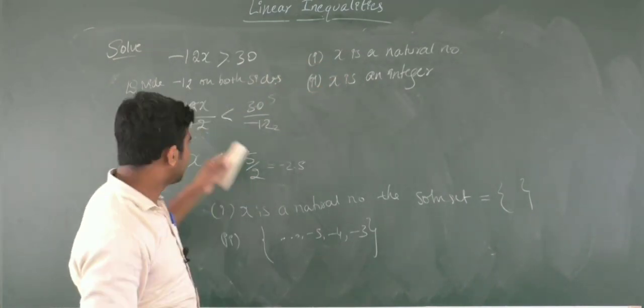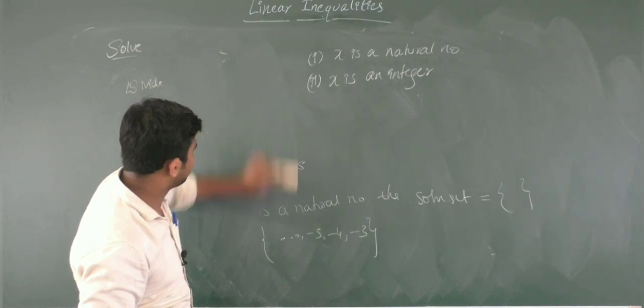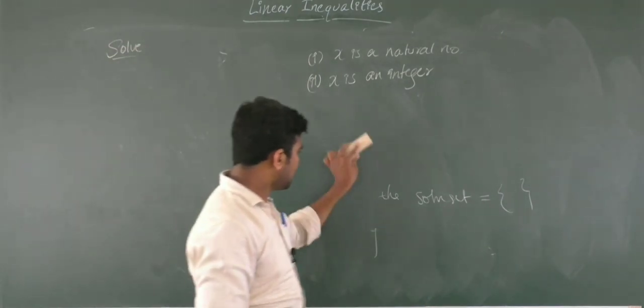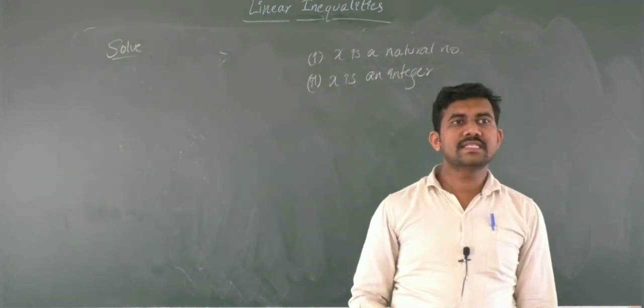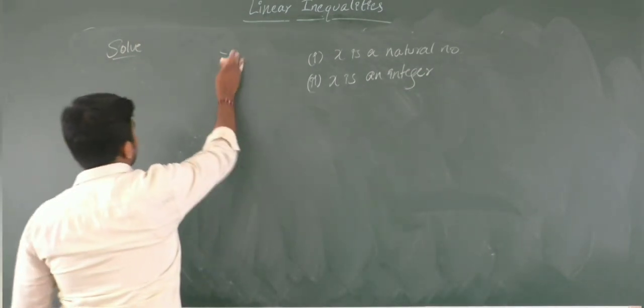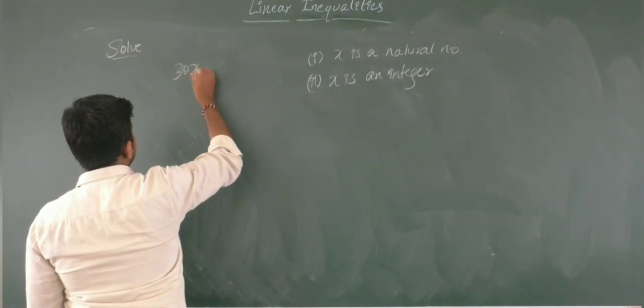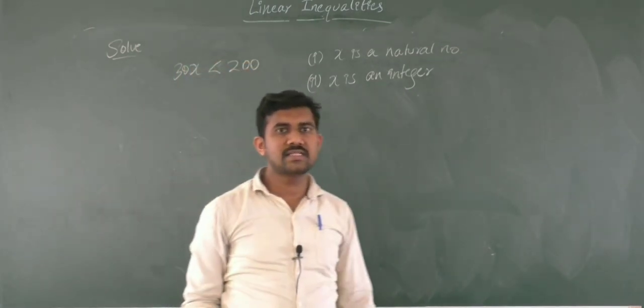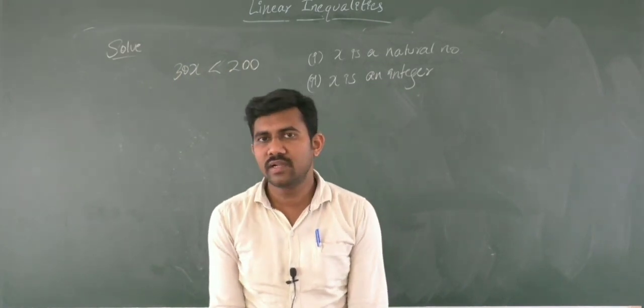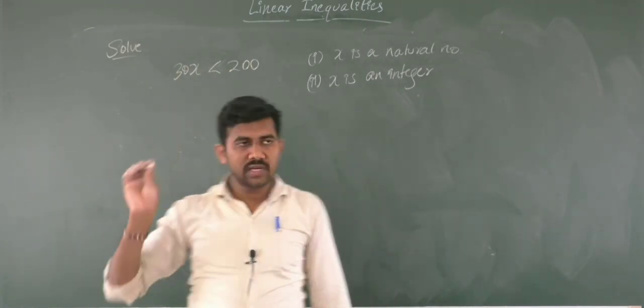Okay, similarly we will see the next question. What is the next question they give us? See, 30x less than 200. We need to solve this. So how to solve?